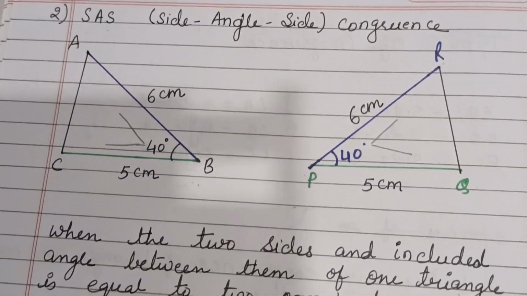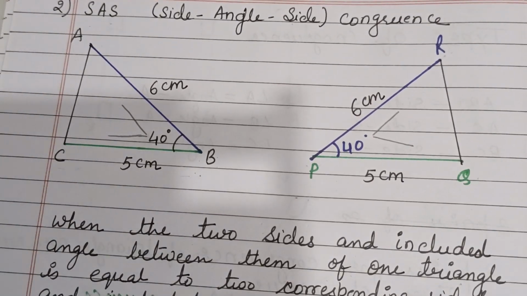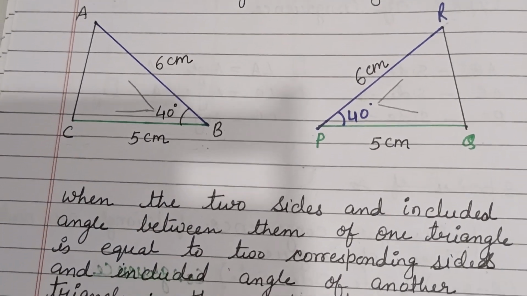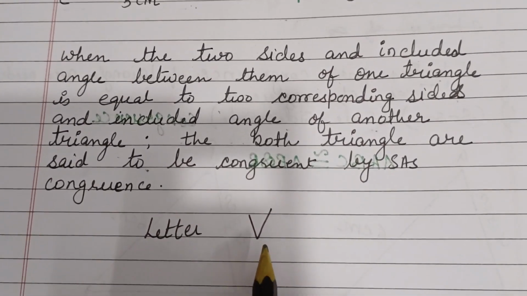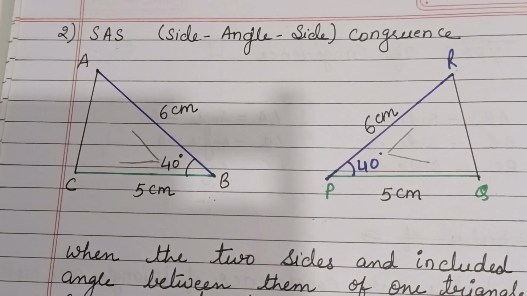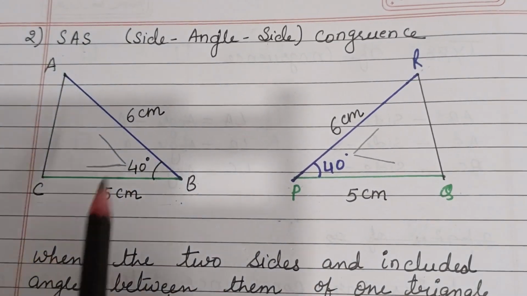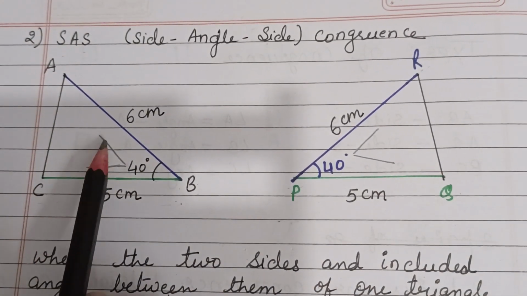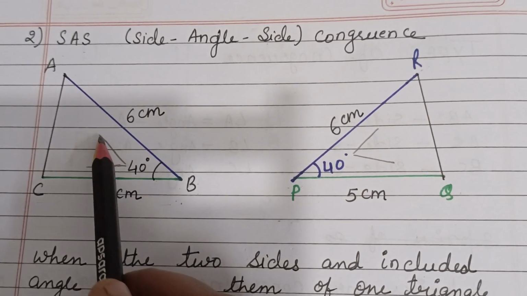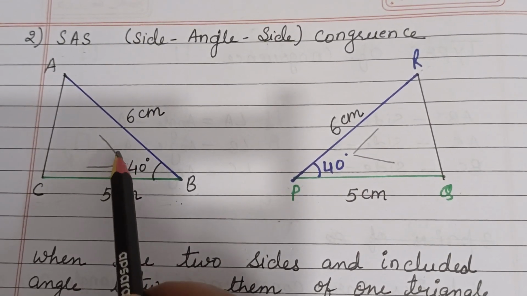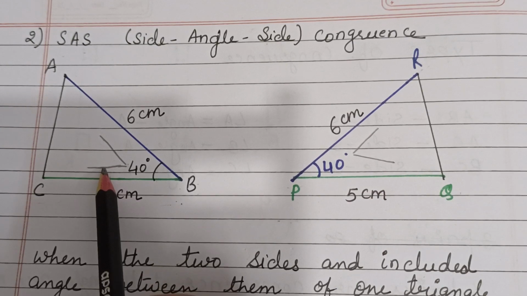Now, for SAS congruence, which letter do you need to keep in mind? That is letter V. You need to check in the given figure that V is available. Like here you can see, V is there and these two sides are equal, and between them we need to take the included angle.